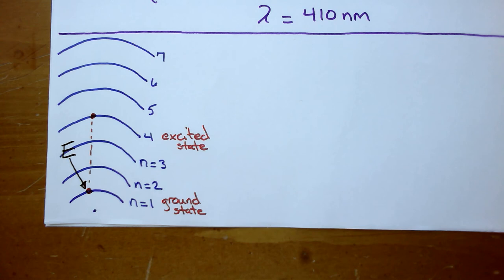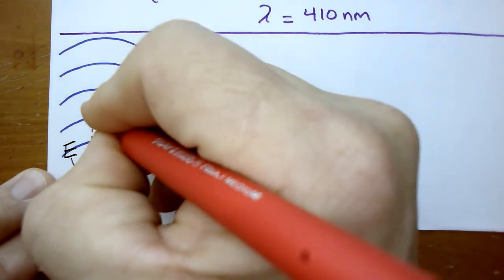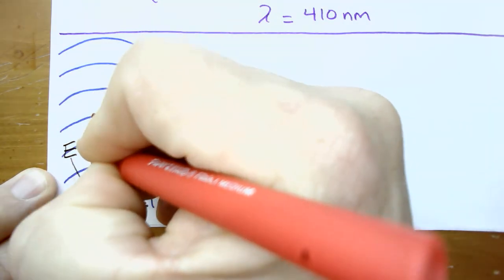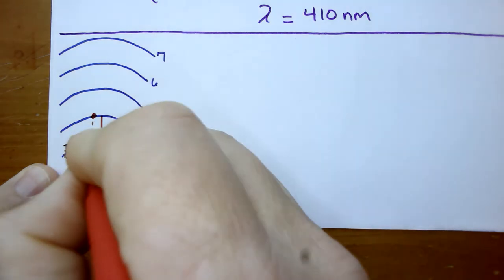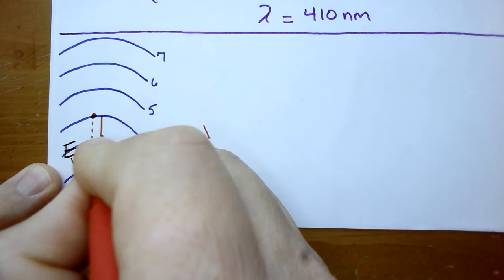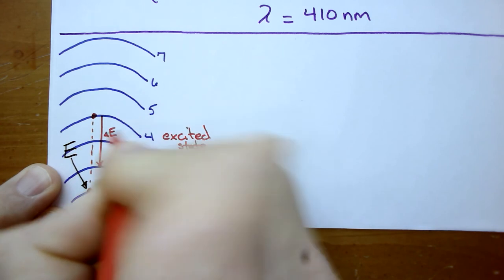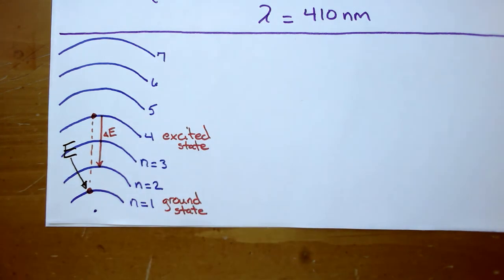So now the electron at this level drops to N2. And so there's an energy change there. It had to lose energy going from the N4 to N2. Now that energy is a very specific amount of energy that can be determined.